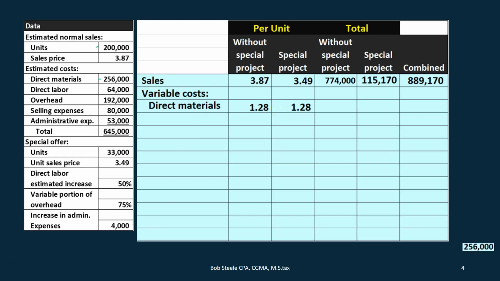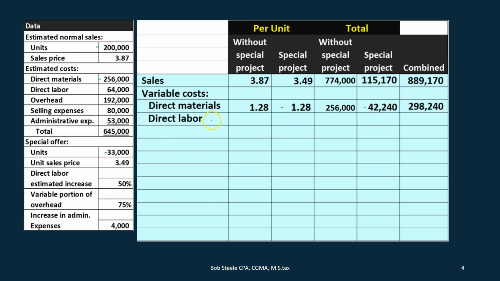So our total cost is going to include our normal cost, which was the same, this 256,000, or the 1.28 times 200,000 units. And then we're going to have the new cost, the 1.28 times the 33,000 units. That's going to give us this 42,240. So then our total cost for direct materials would be the 256,000 increased by this 42,240. That's a relevant cost to our decision making.